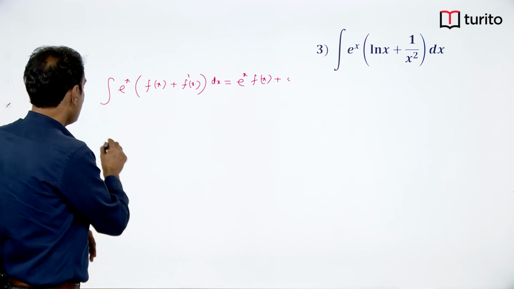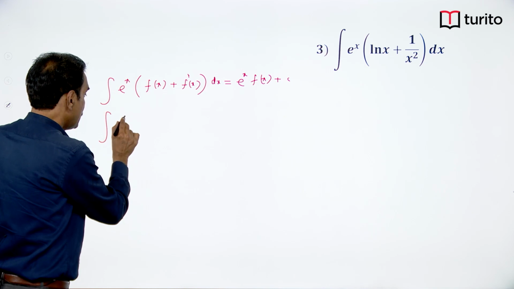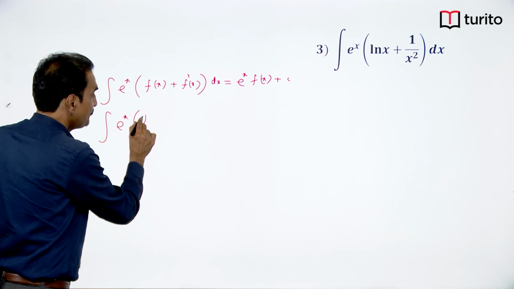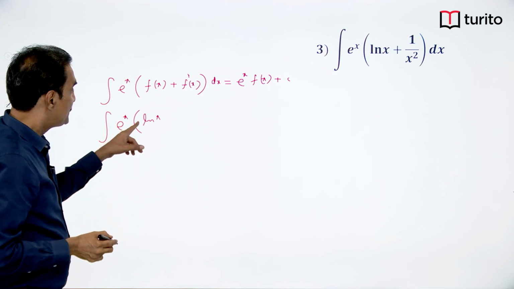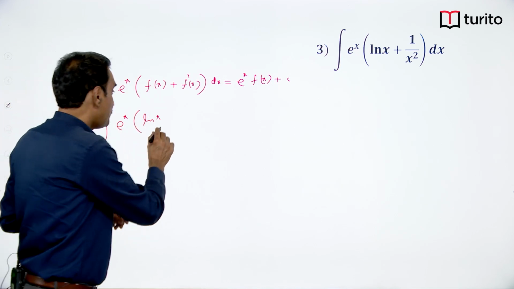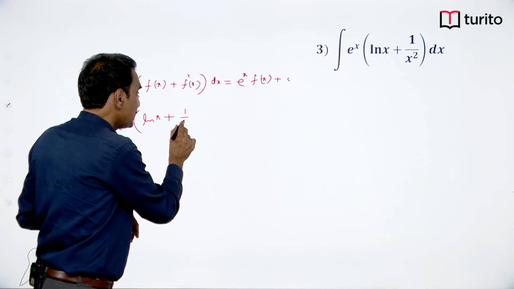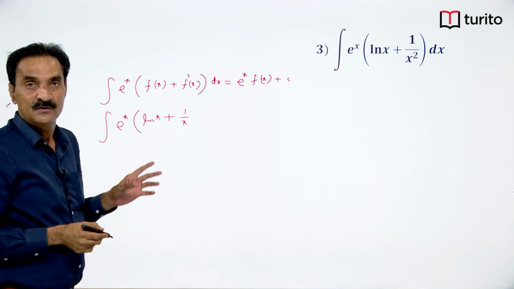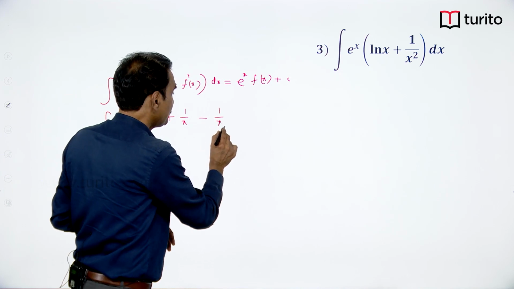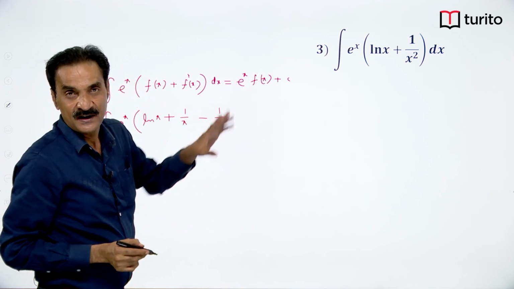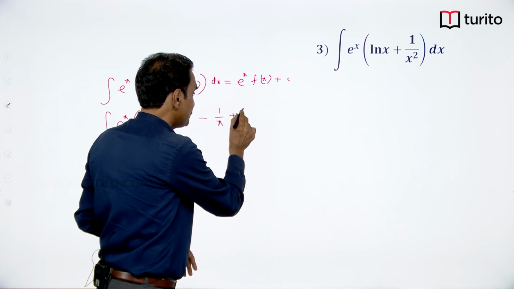How to change the function? e power x into ln x is there. Its derivative is 1 by x. So, if plus 1 by x is there, we can directly write the integral. So, add 1 by x and subtract 1 by x. Then write the remaining term plus 1 by x square.